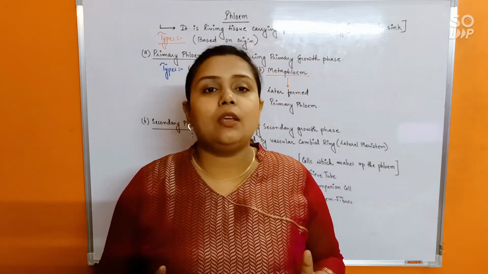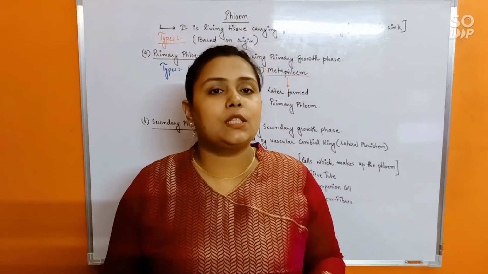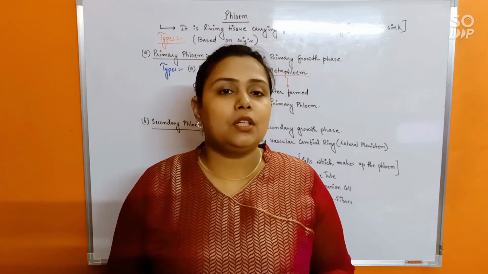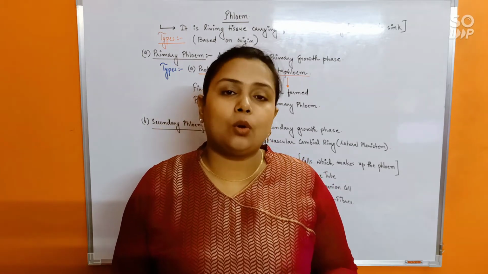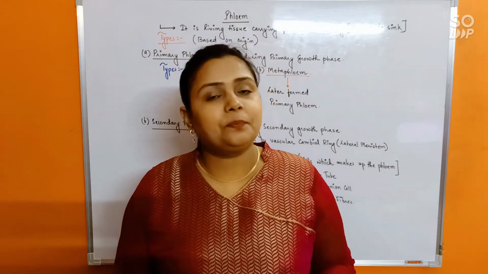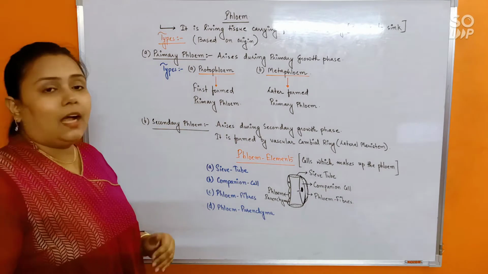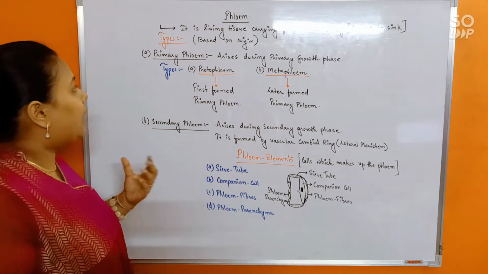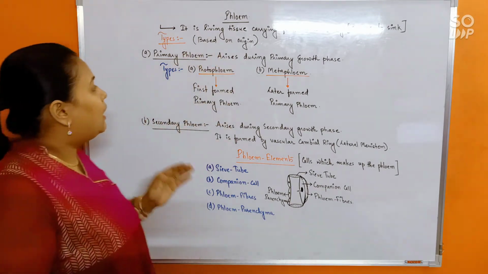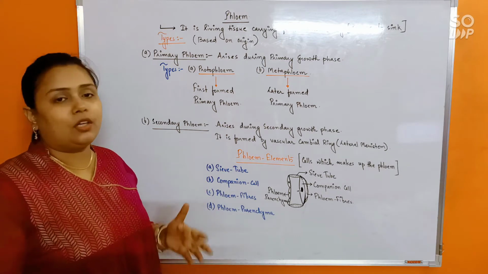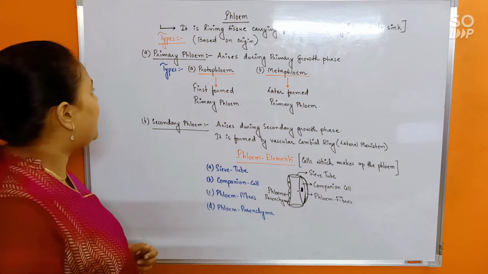This is a very important difference between the transport via xylem and phloem. Xylem's transport is always unidirectional, whereas for phloem it's always bidirectional. Now, for phloem, we can again have two types, that is based on origin. The meaning is exactly the same that we have discussed under xylem, so it would not cause any difficulty for you to understand.